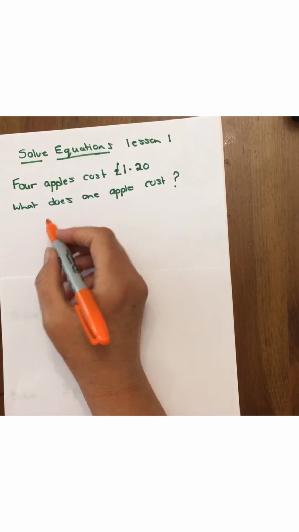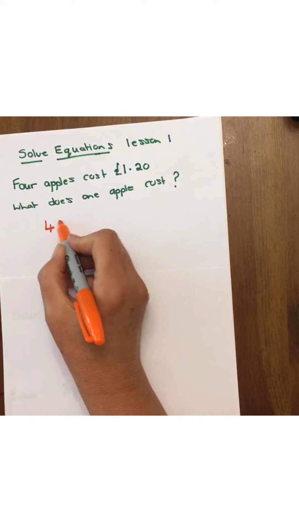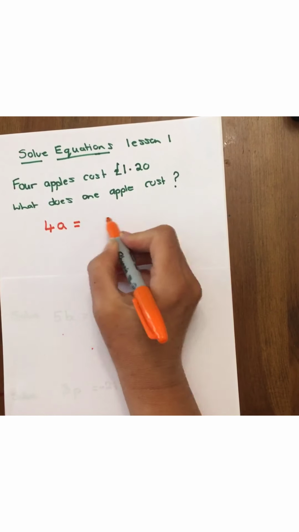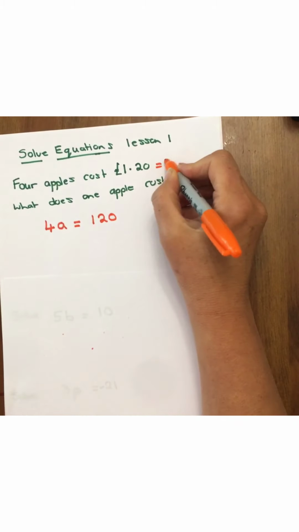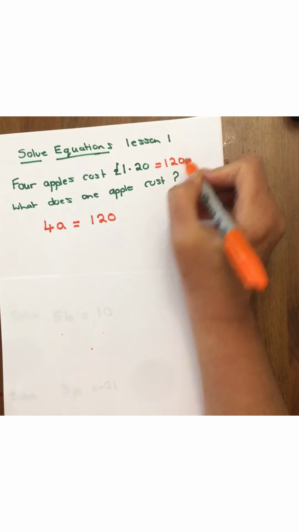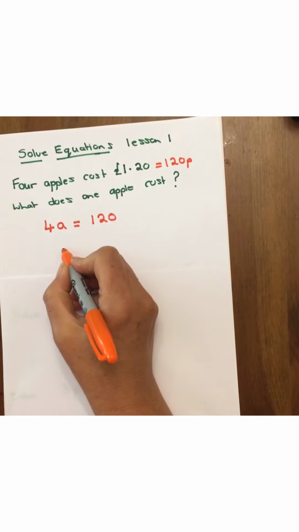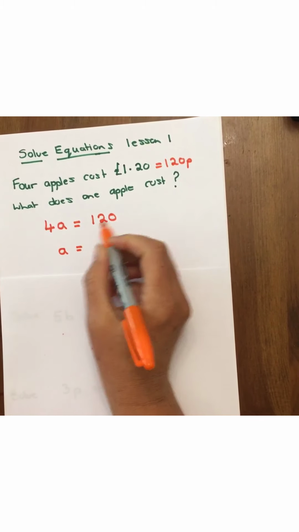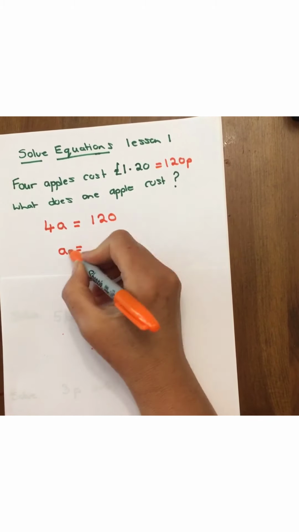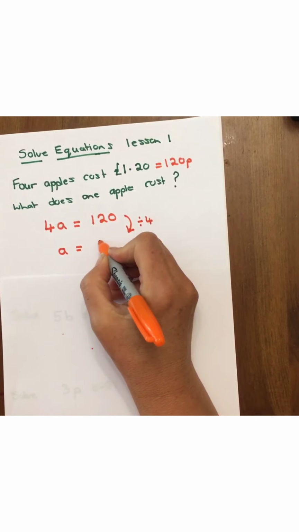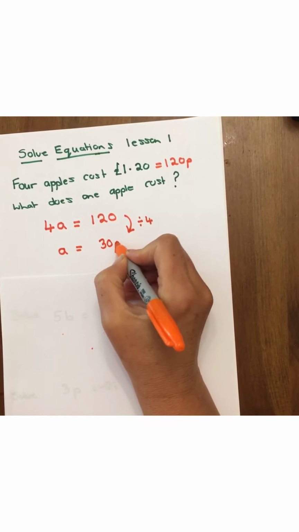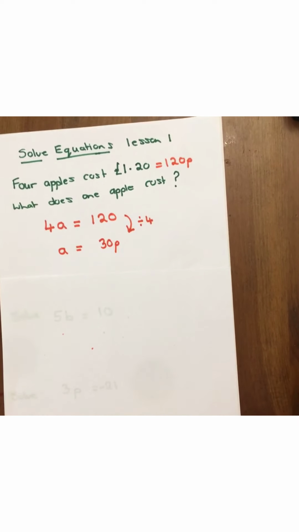What you were doing in your head was saying 4 apples cost, and I'm going to put it into pence, 120, because this is the same as 120 pennies. To get 1 apple, what do I do to 120? I divided it by 4, so I get 30 pennies. So 1 apple costs 30 pennies.